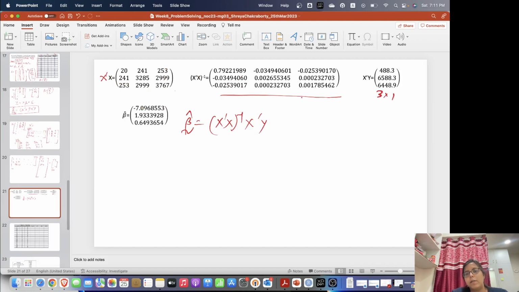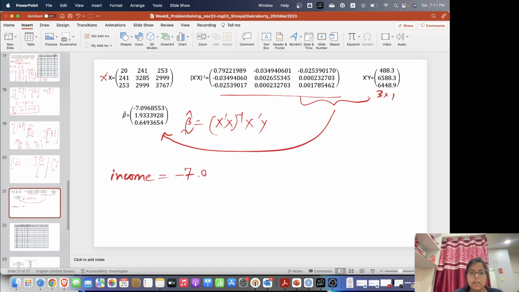Now we are going to multiply this one and this one, and ultimately we would get beta hat as this. So the original equation was income equals minus 7.0968553 plus 1.933. I'll just round it up to certain decimal places and then write.